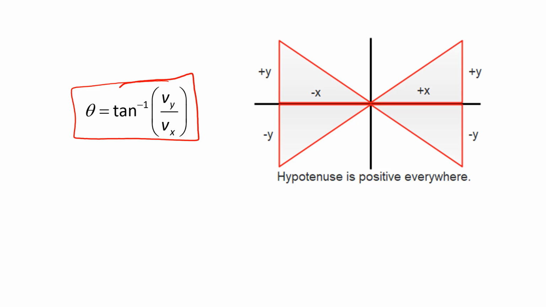So in the first quadrant, adjacent and opposite sides are plus, plus, or x and y components if you want. And in the second quadrant, the x component is negative; in the second and the third quadrant, the y component's positive, the y component's negative.